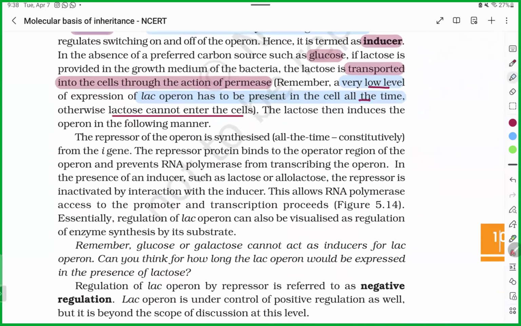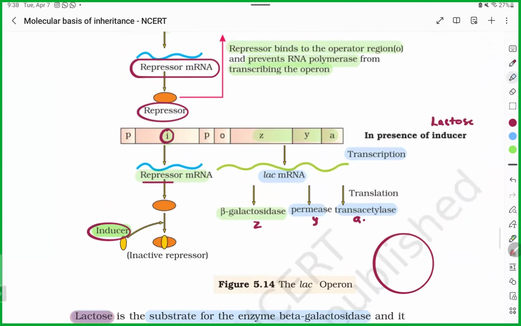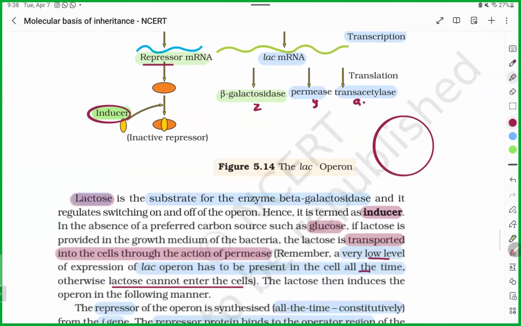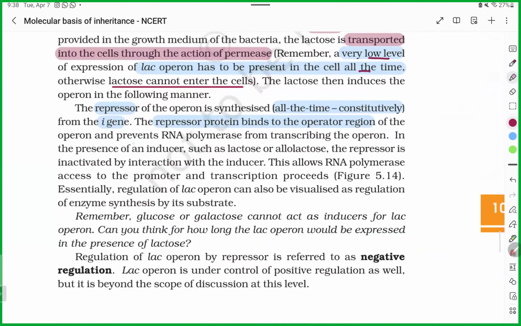The repressor is synthesized all the time, always from the I gene. The repressor protein binds to the operator region, as you can see here, and prevents RNA polymerase from transcribing the operon.